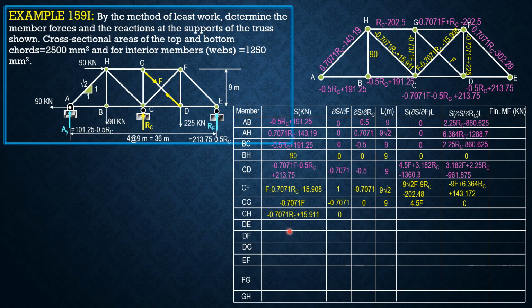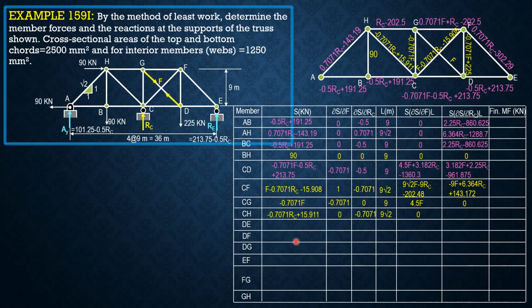For DE, negative 0.5 RC plus 213.75. 0 here, negative 0.5 here. The length is 9. Then 0 product here. Here it is equal to 2.25 RC minus 961.875.